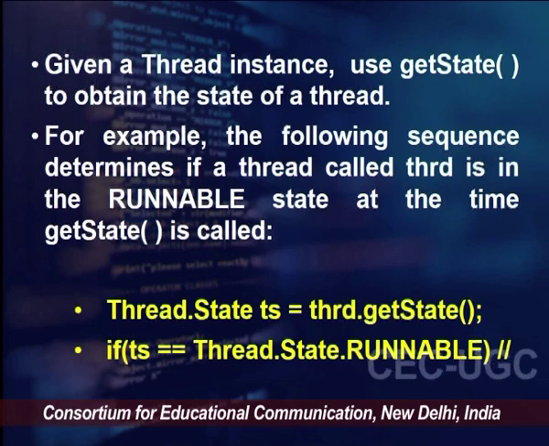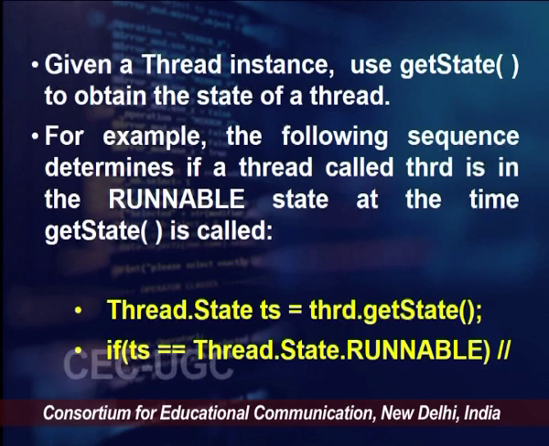For example, I have written here two lines of code which determine whether the thread called thrd is in the runnable state at the time getState is called. We call getState on thrd and store the response in the variable ts, which is of type Thread.State. The possible values of Thread.State that we have just seen are new, timed waiting, waiting, blocked, terminated, and so on.